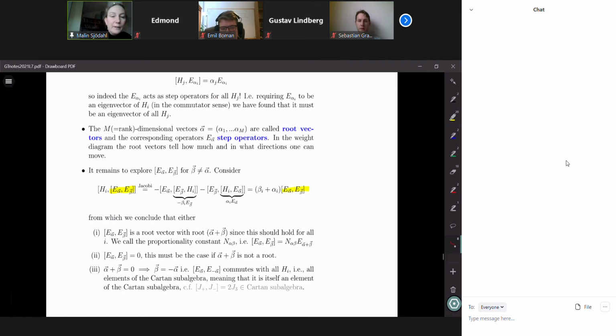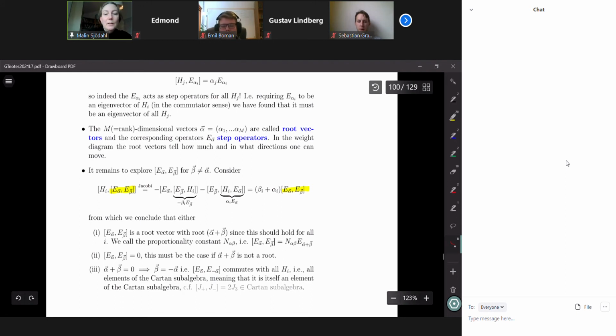And from it, we conclude that either this thing is itself a root vector, with eigenvectors of eigenvalues, so for each hi we have beta i plus alpha i.